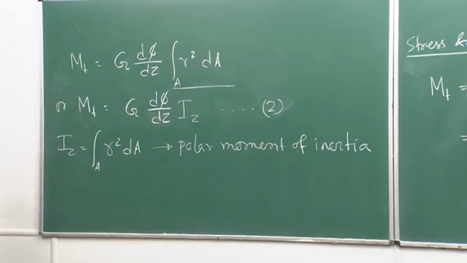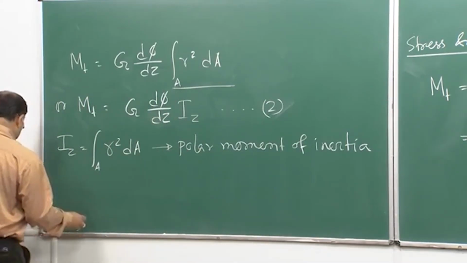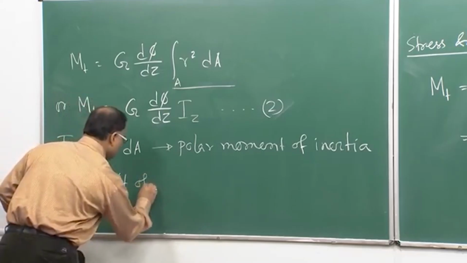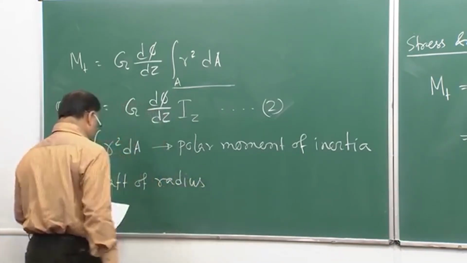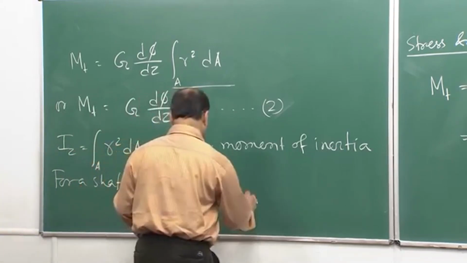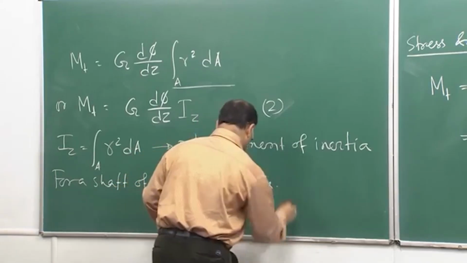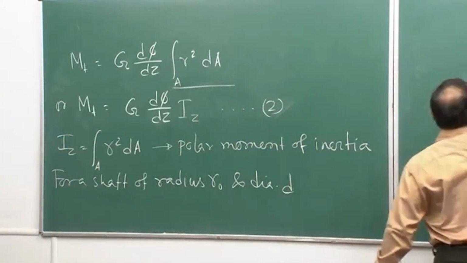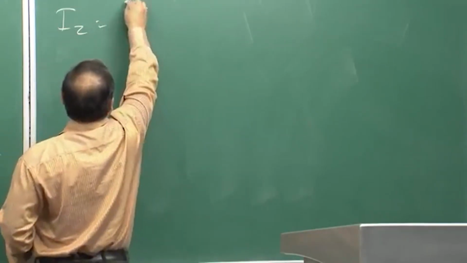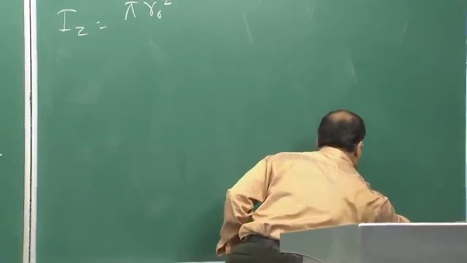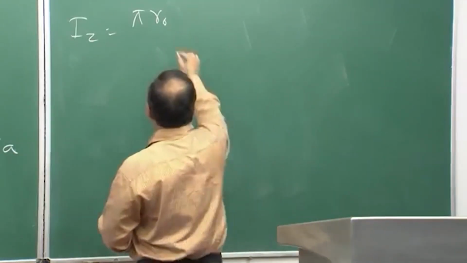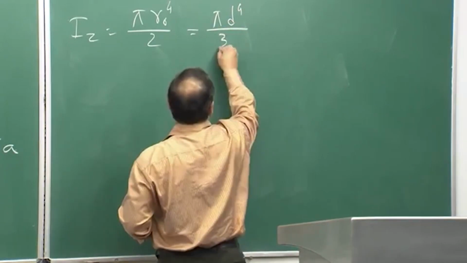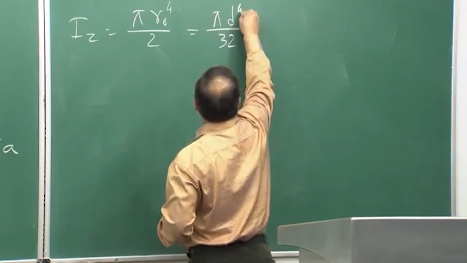Now, since we are considering the circular shaft, we know that for a shaft of radius r naught and diameter say d, your I z is equal to pi r naught to the power 4 by 2, or in terms of diameter, pi d to the power 4 by 32.